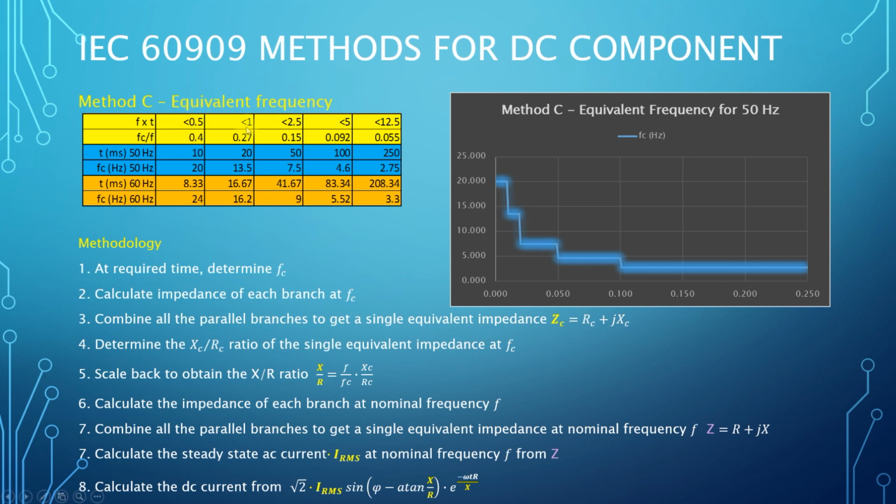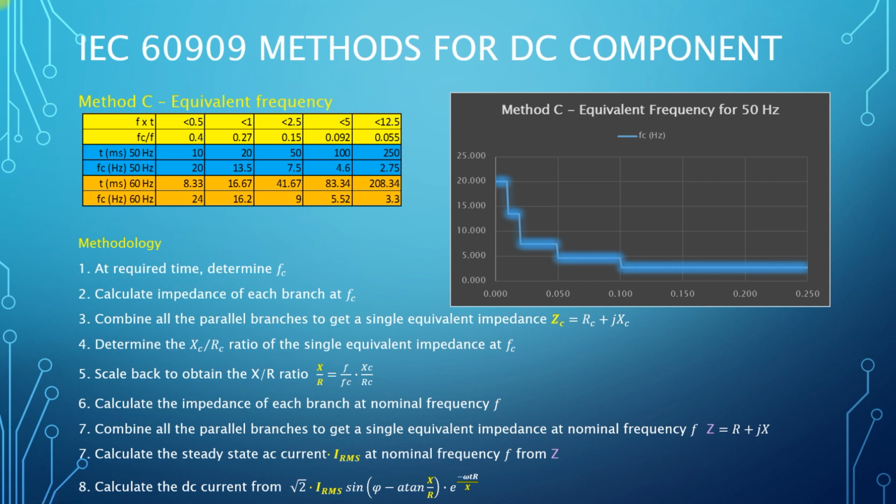If we are in the window where the time is greater than 0.5 but less than 1, this ratio of Fc to F is 0.27, and so on for various time windows.